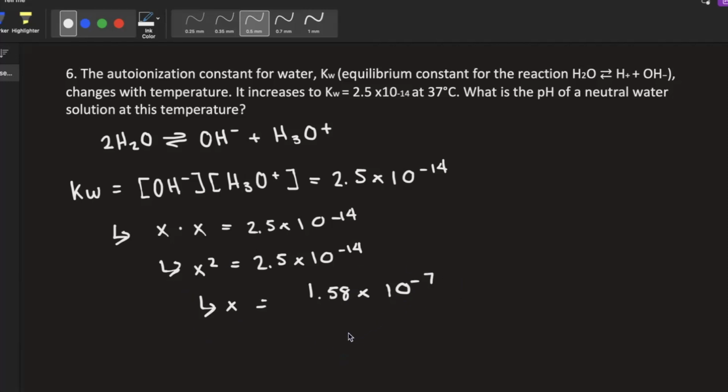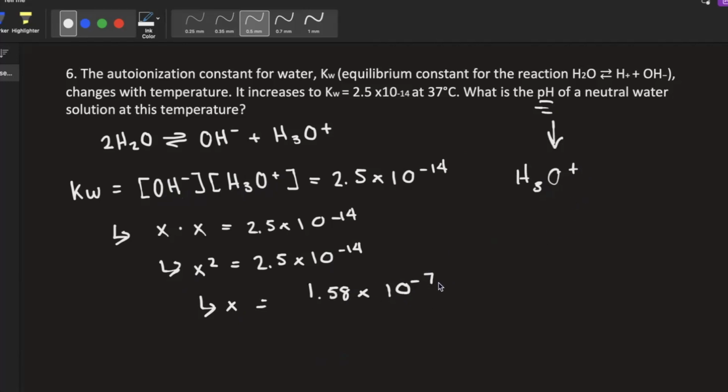So now we have the concentration of both OH negative and H3O plus. Since we want to find the pH, we're going to be focusing on the H3O plus.